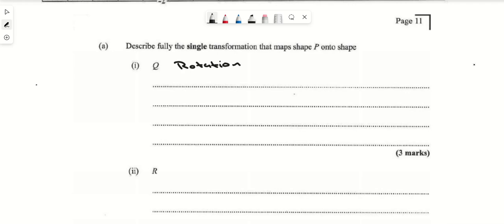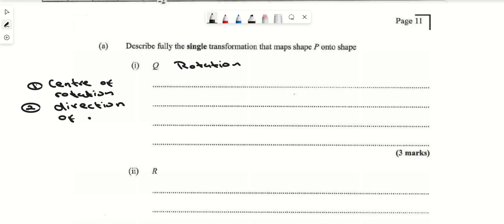Number one, the center of rotation. Number two, the direction of rotation. And number three, the degree of rotation. That is the amount that the image P has rotated to form Q.